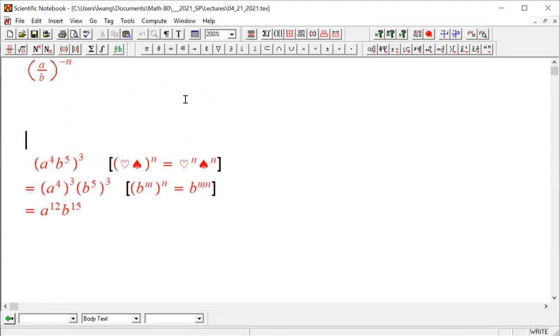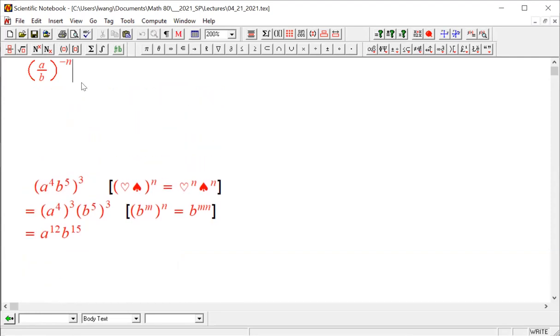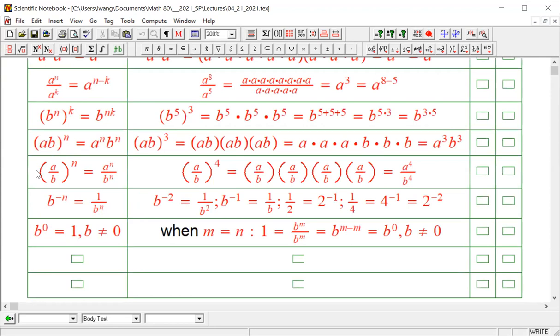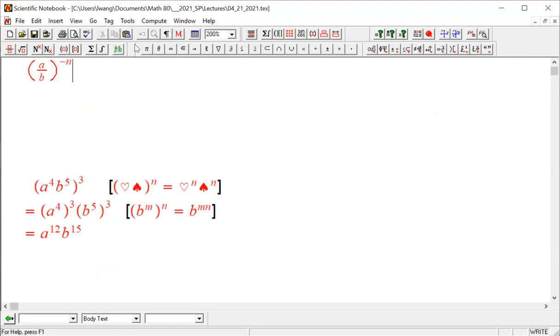Okay, so what is that? This is really another case of the one over here. It's similar to this case. It's just that one is negative n and the other one is n. n itself doesn't necessarily have to be positive or negative, we don't know, so you can handle it the same way.